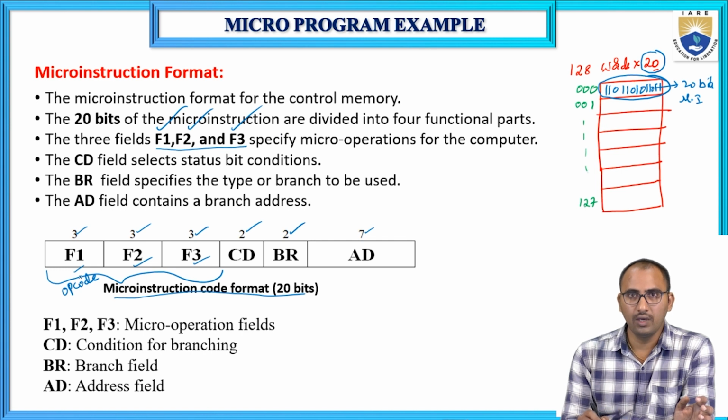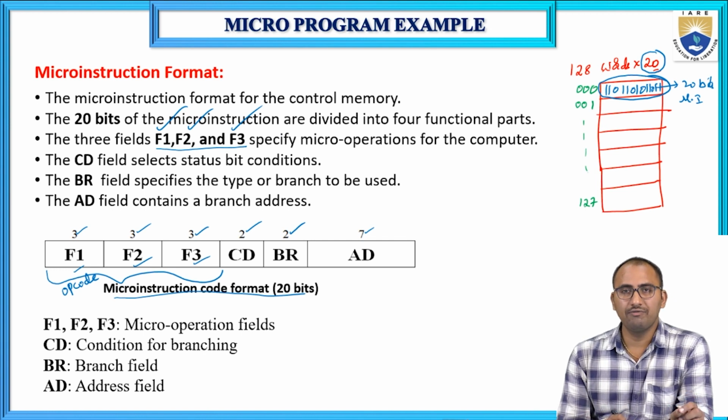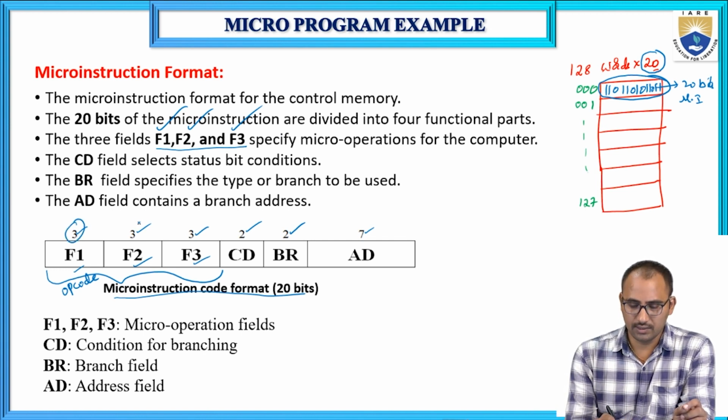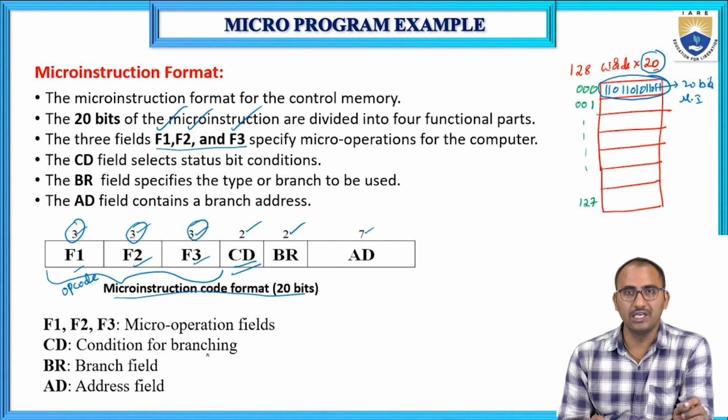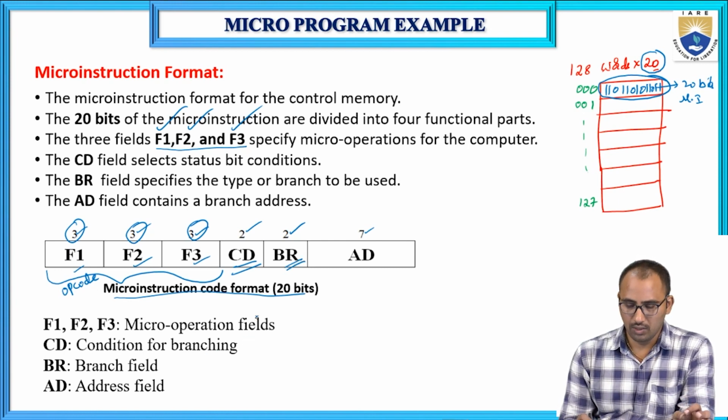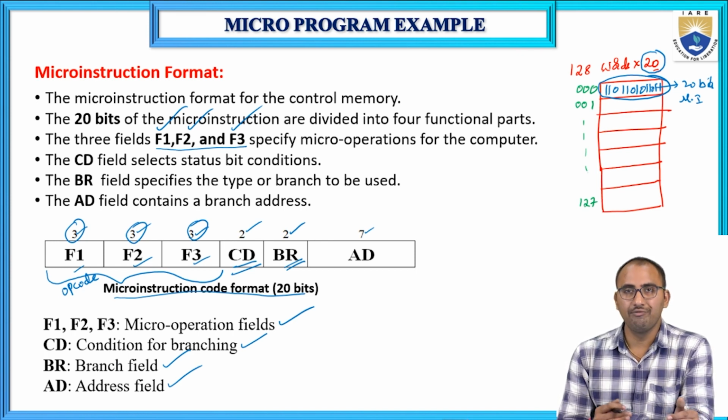The size of each field is 3 bits. The next 2 bits are the condition, and the next 2 bits represent branching. So F1, F2, F3 are the micro operation fields, CD is the condition for branching, BR is the branch field, and AD is the address field. So this is the micro instruction format.